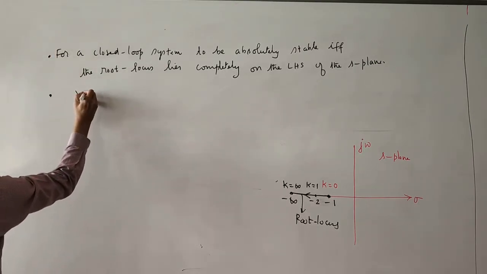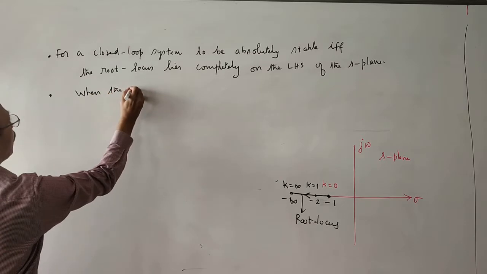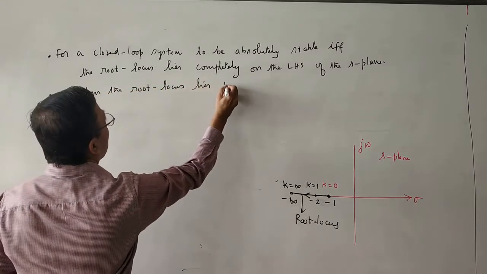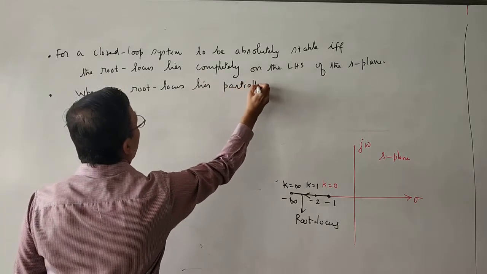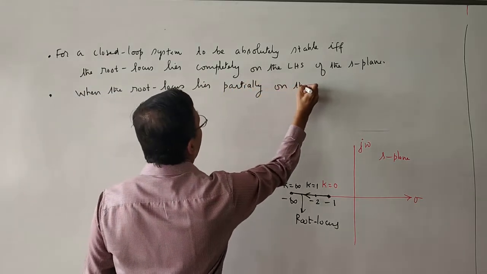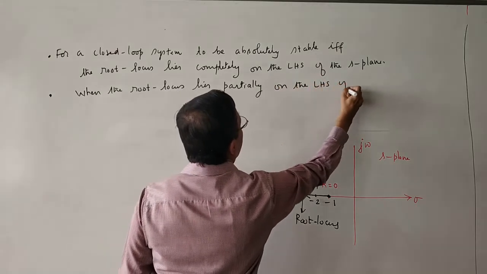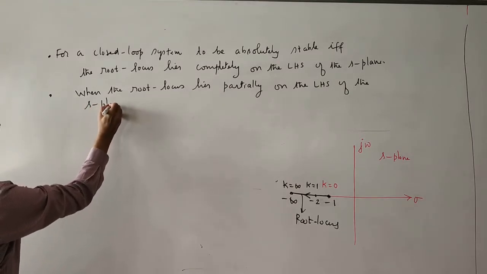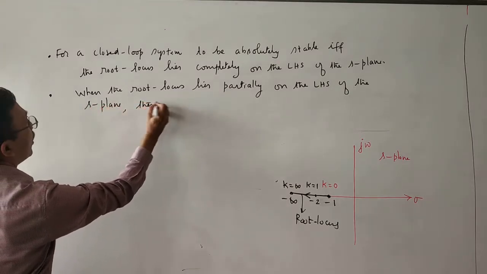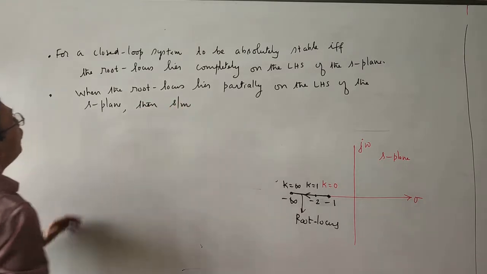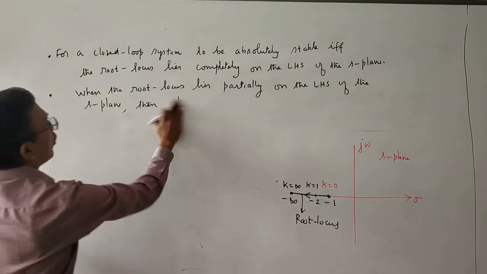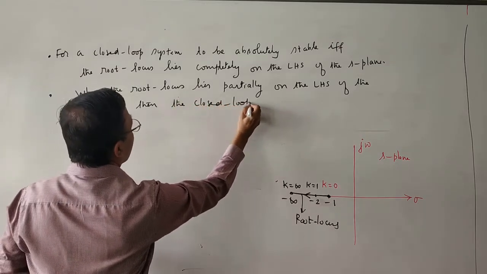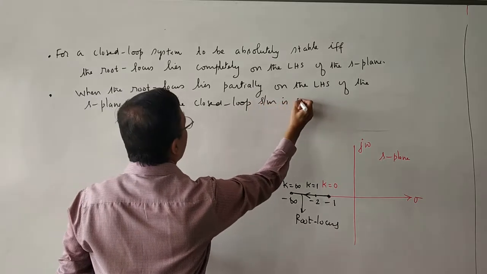When the root locus lies partially on the LHS of the S-plane, then the closed loop system is conditionally stable.